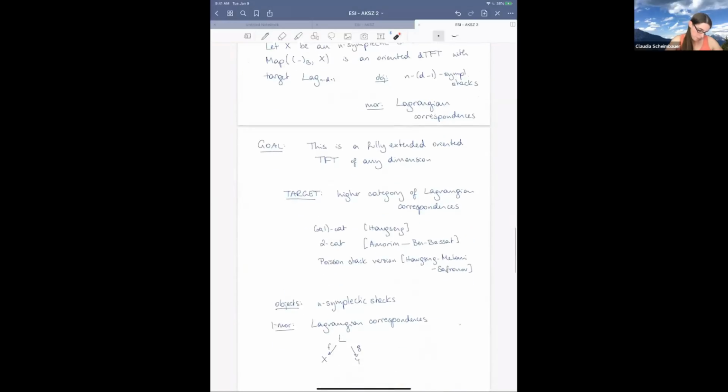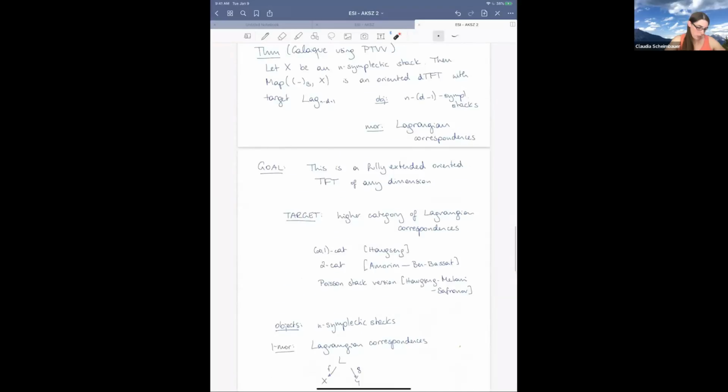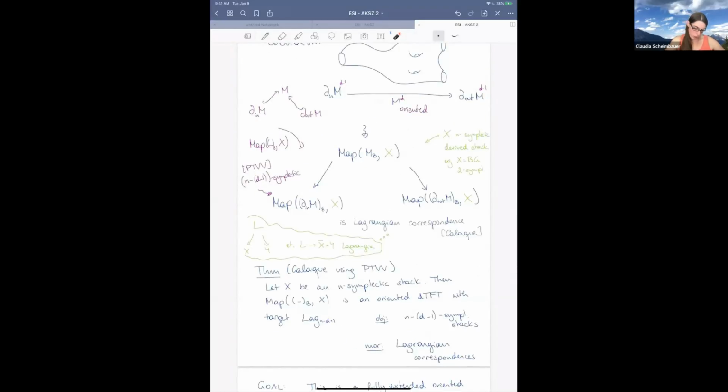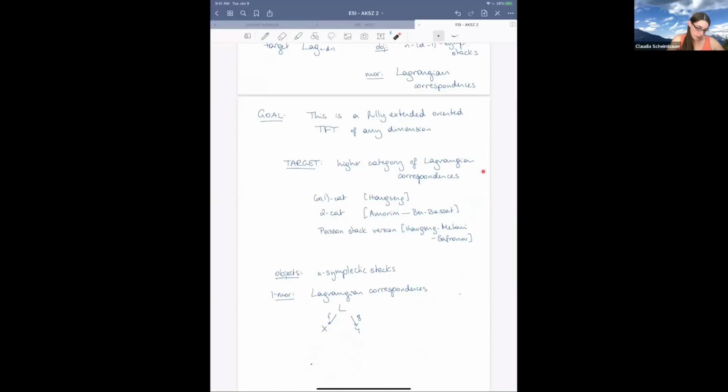The goal of this talk is to explain to you, or to convince you, that we don't just have an ordinary TFT here, but we actually have one of these fully extended TFTs. Okay. So what is my target? I will explain a little bit more about this.